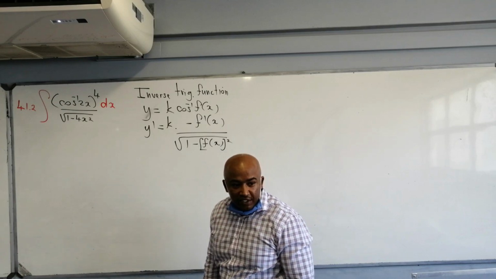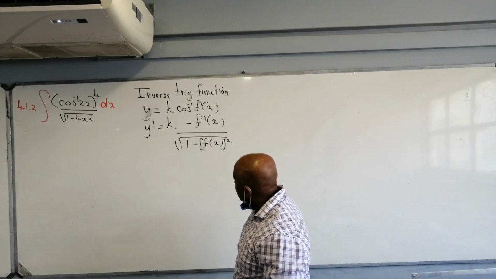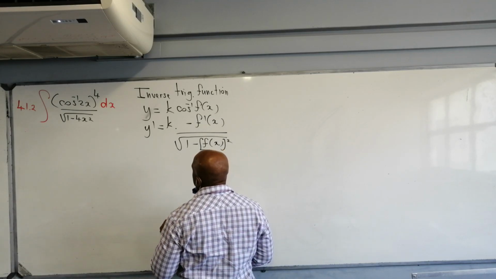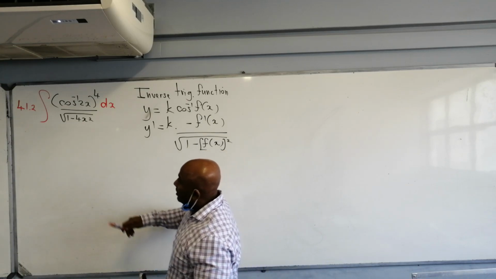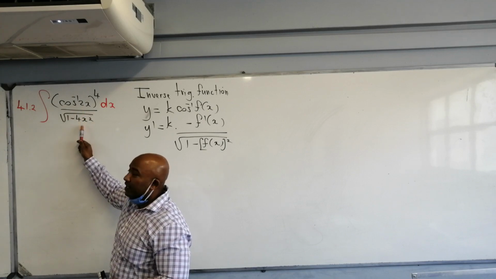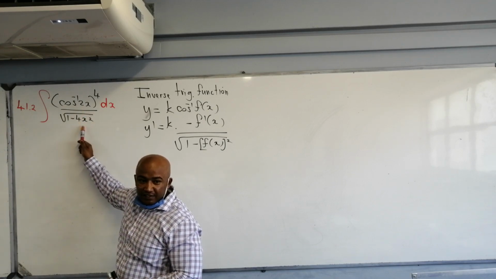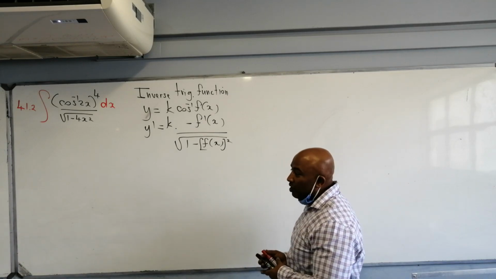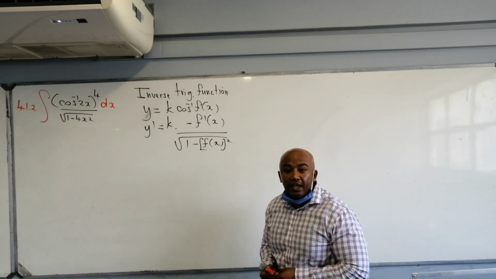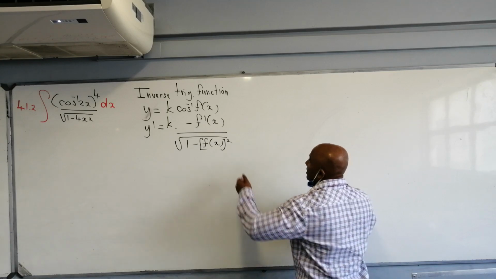That is the derivative for inverse cos. So in a situation like this, I can see that if we differentiate this, I'm going to get an exact derivative. So this is in the form of type A now. Watch what I'm saying. Type A.